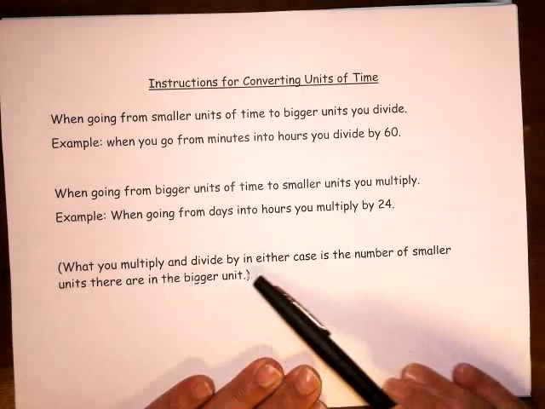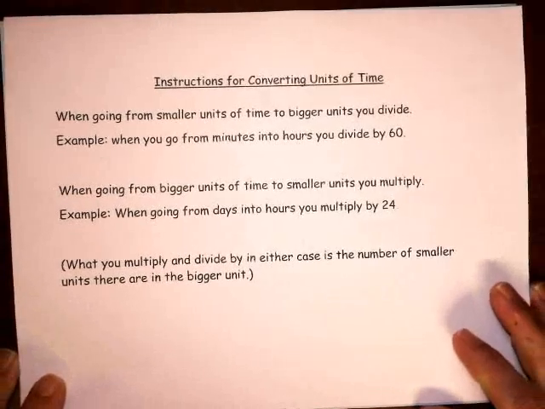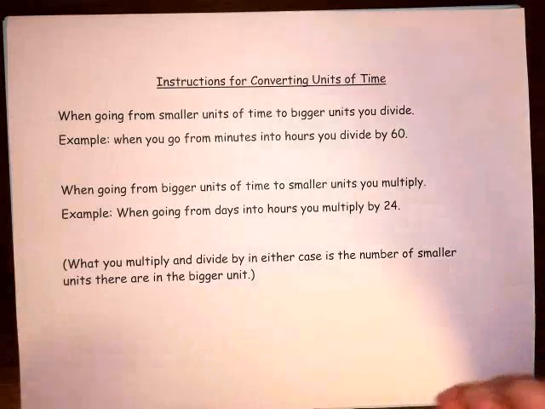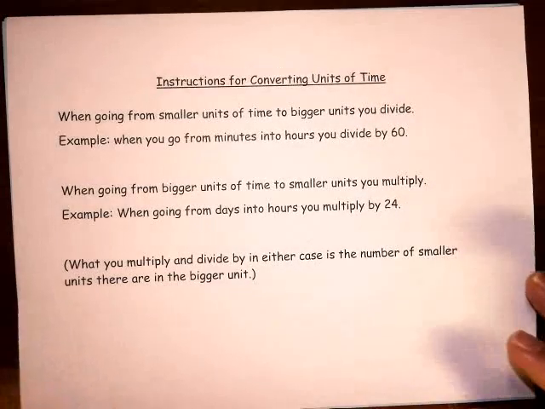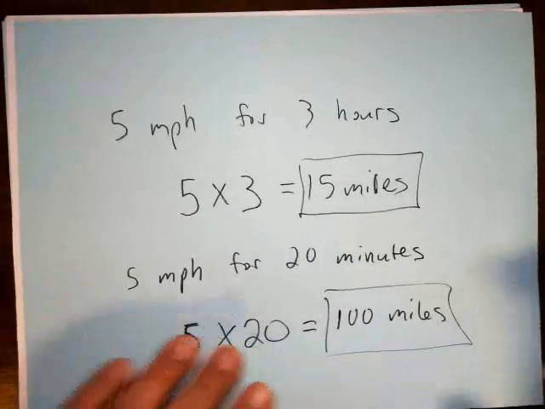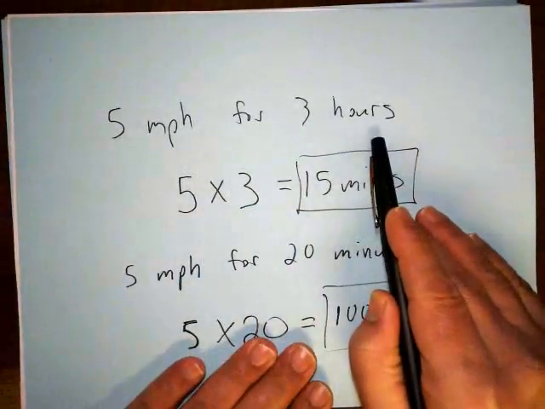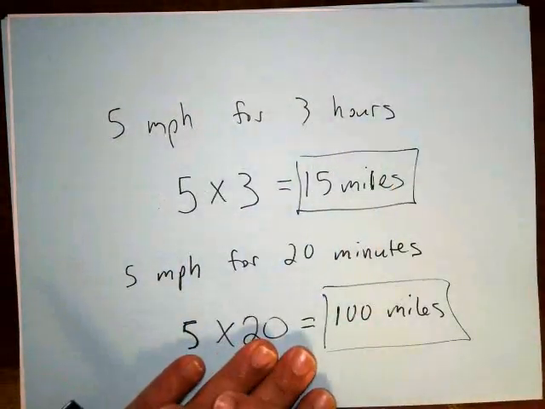So in this case, you're multiplying and dividing by the number of smaller units that are in the bigger unit. So that's kind of how the conversions work. But I think when we're dealing with time, we can kind of make those conversions pretty naturally. But the important thing is that this rate has to match this time, right? If it's miles per hour, the time needs to be in hours.